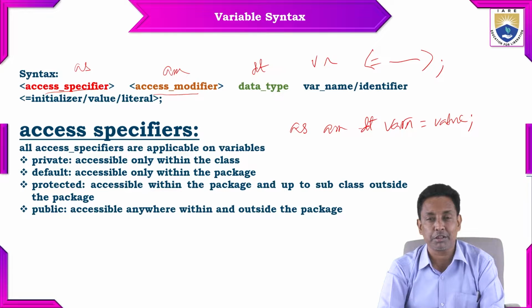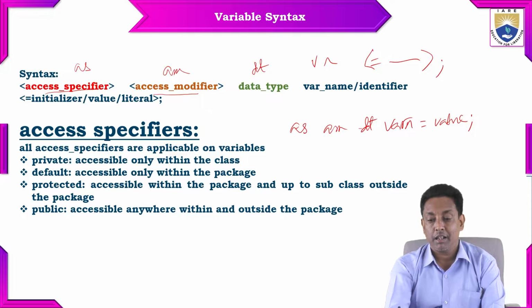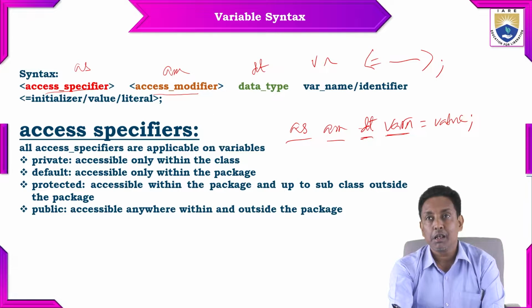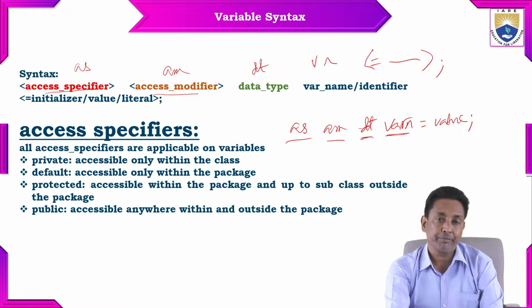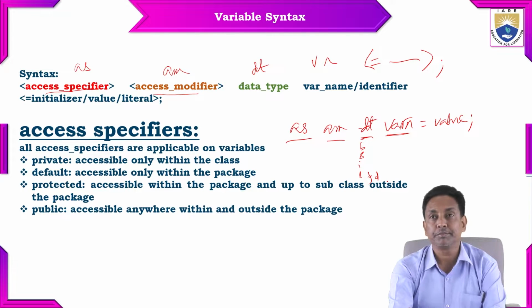In almost all object-oriented programming languages, we follow the same pattern: access specifier first, access modifier next, then data type, because it is a variable name. A variable must belong to a primitive or secondary data type. Primitive data types are byte, short, int, long, float, double.